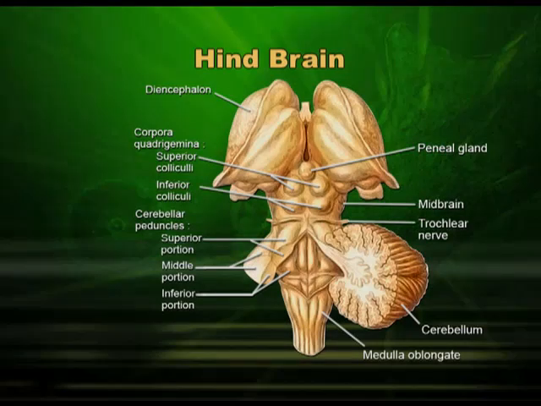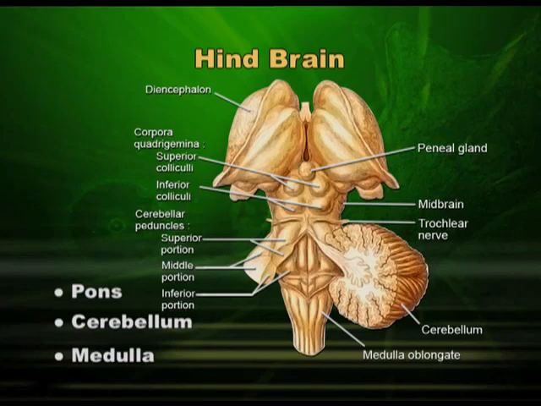Spinal cord has a canal running within the cord, and that is the reason why midbrain becomes very important. Hindbrain has organs or parts like pons, cerebellum and medulla.